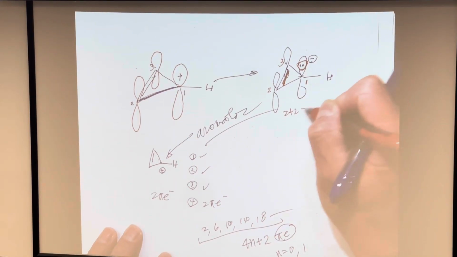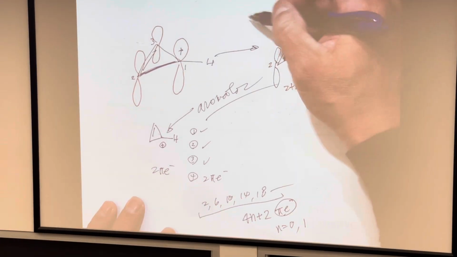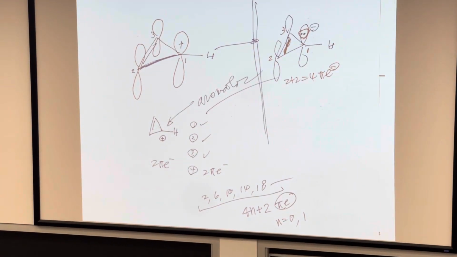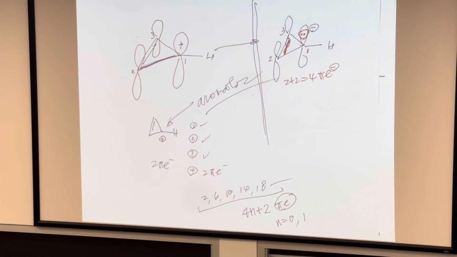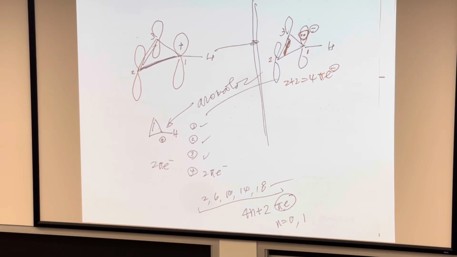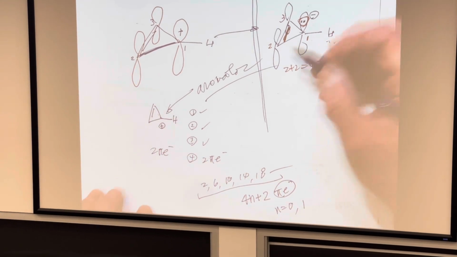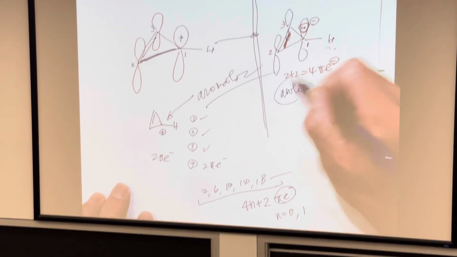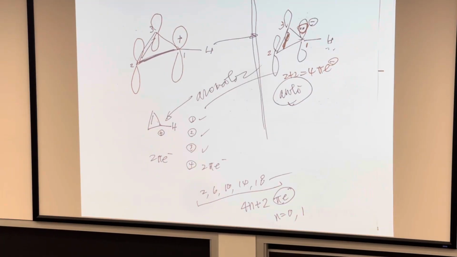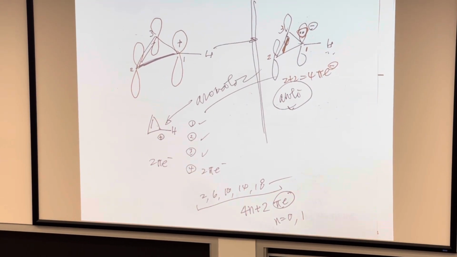So 2 plus 2, we got 4 pi electrons. Those two molecules have no relationship, okay? And this molecule is a ring, fully conjugated, flat, with 4 pi electrons. So this molecule is antiaromatic. So far so okay, good, guys? Okay.